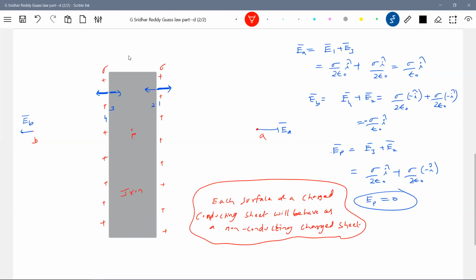To be frank, we don't know exactly how to find the electric field due to a conducting sheet. So what we are doing, I'm treating this as a non-conducting sheet and I'm working out why the net field at point P is zero.